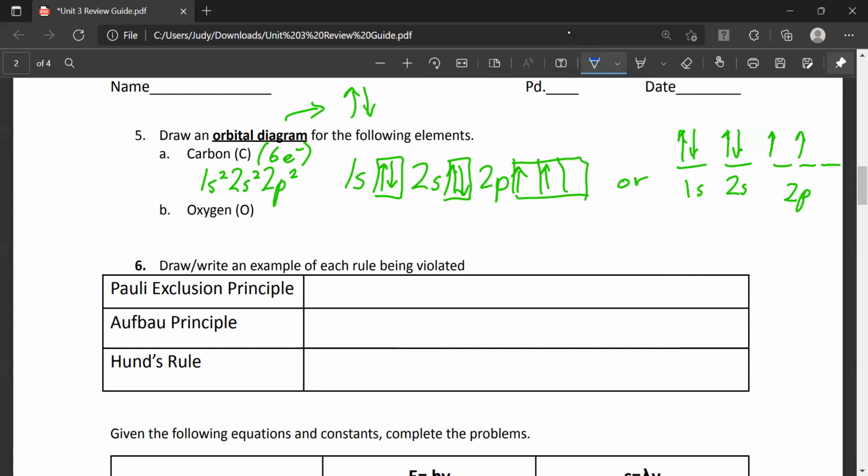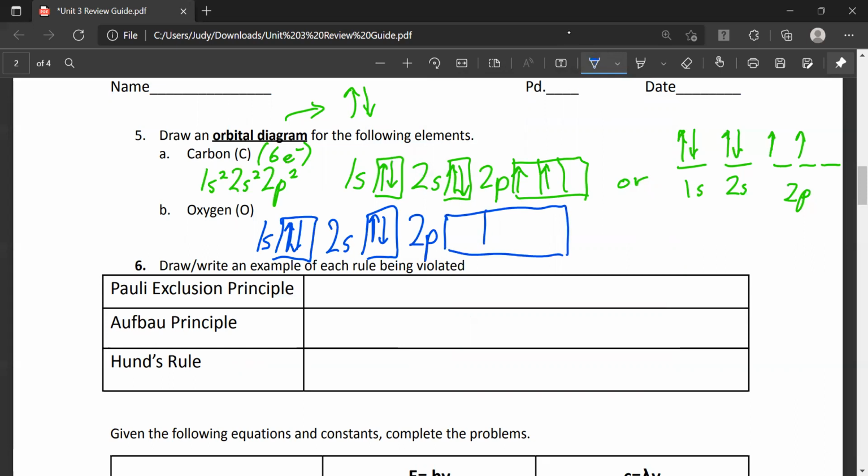All right, so for oxygen, your answer should be either one of these choices. And if you get both of them or one of these answers, you are good to go with the test.